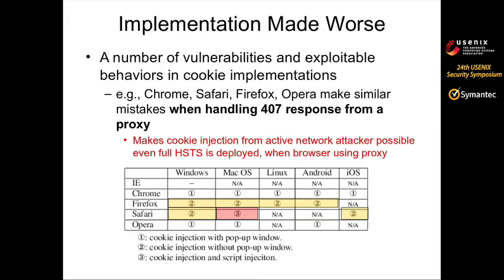This allows cookie injection even if the website deploys full HSTS, if the browser is configured to use a proxy. It is probably interesting why they share the same mistake, but we didn't have time to investigate.